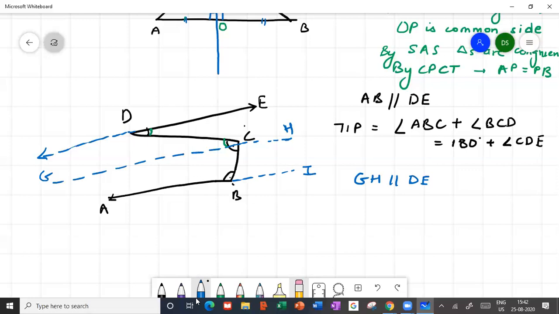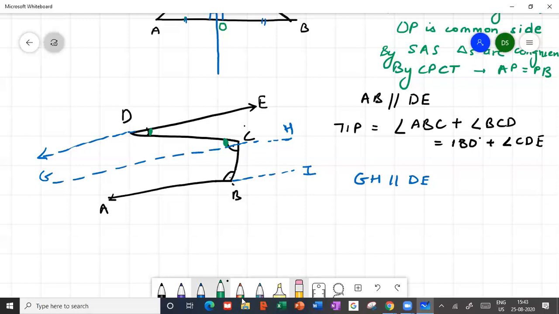Correct. This is what I just said. So this green one which I'm marking here, this angle is equal to this angle, alternate interior. Correct. Now they are saying angle ABC is equal to angle BCH. Okay, I'm starting to get the hang of this now.